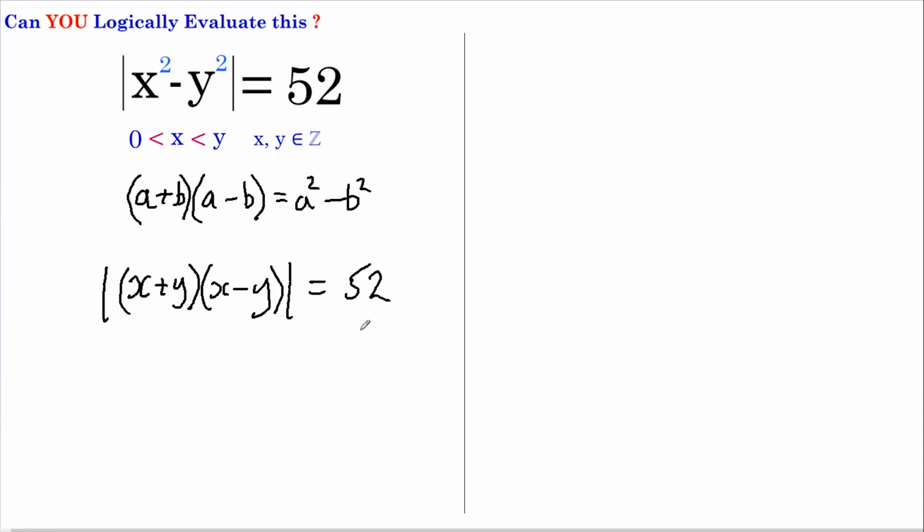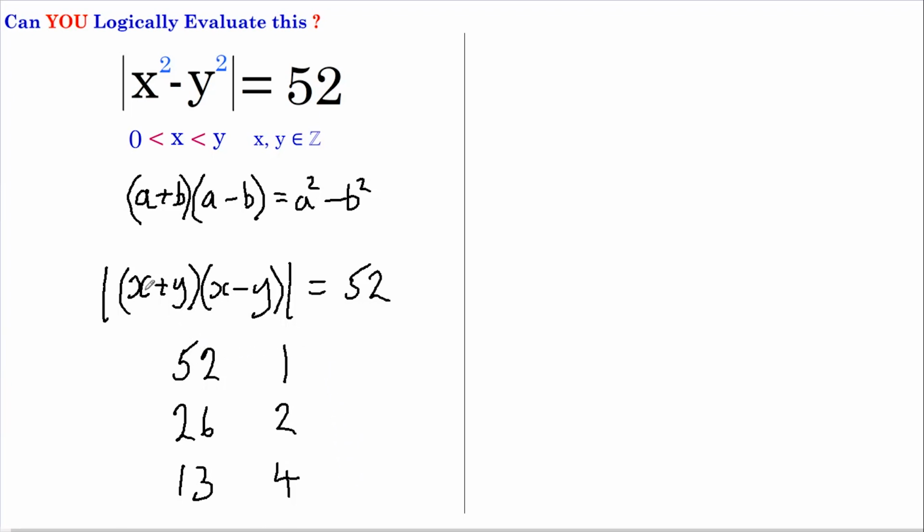What could those two numbers be? Well, it could be 52 multiplied by 1, or it could be 26 multiplied by 2, or it could be 13 multiplied by 4. So let's now look at these one at a time.